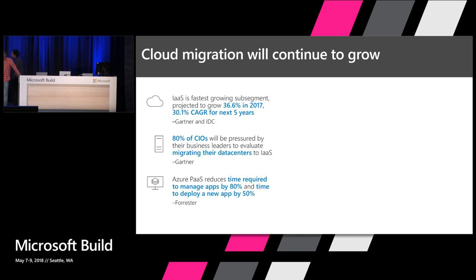And there is always going to be a lot of business pressure for businesses to adapt to the cloud, to get a competitive advantage, and to show the differentiation between their competitors. And if you look at the PaaS environment, platform as a service, there is expected to be a significant reduction in managing your applications as well as deploying new applications.